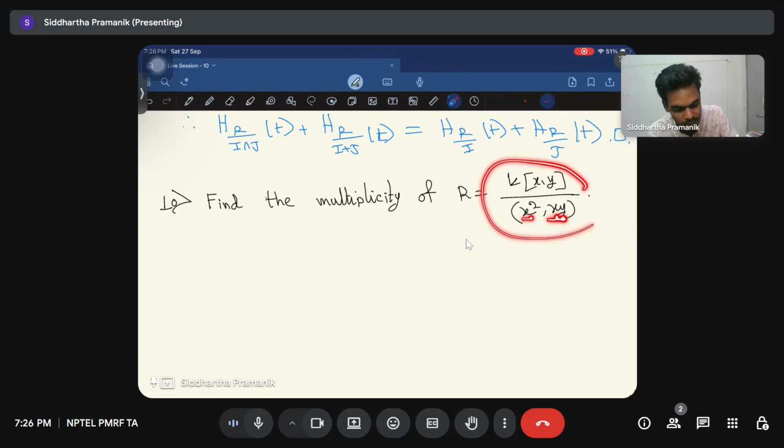So this quotient is also a graded ring, or we can take it as a graded module over k[x,y] itself. So we can talk about the Hilbert series and multiplicity. We need to find the multiplicity of this quotient ring.